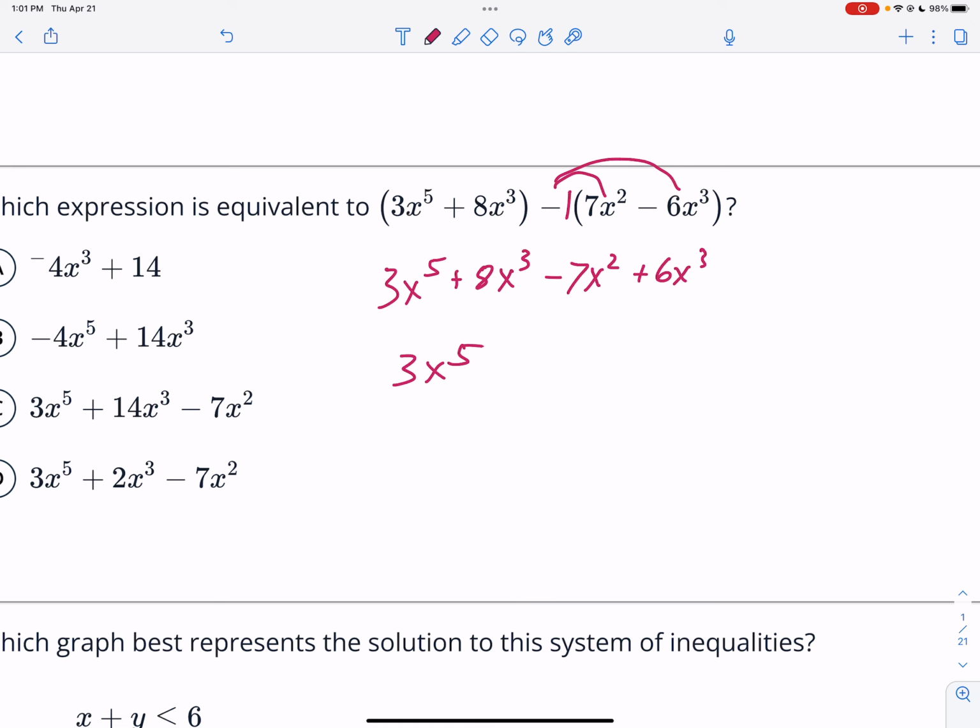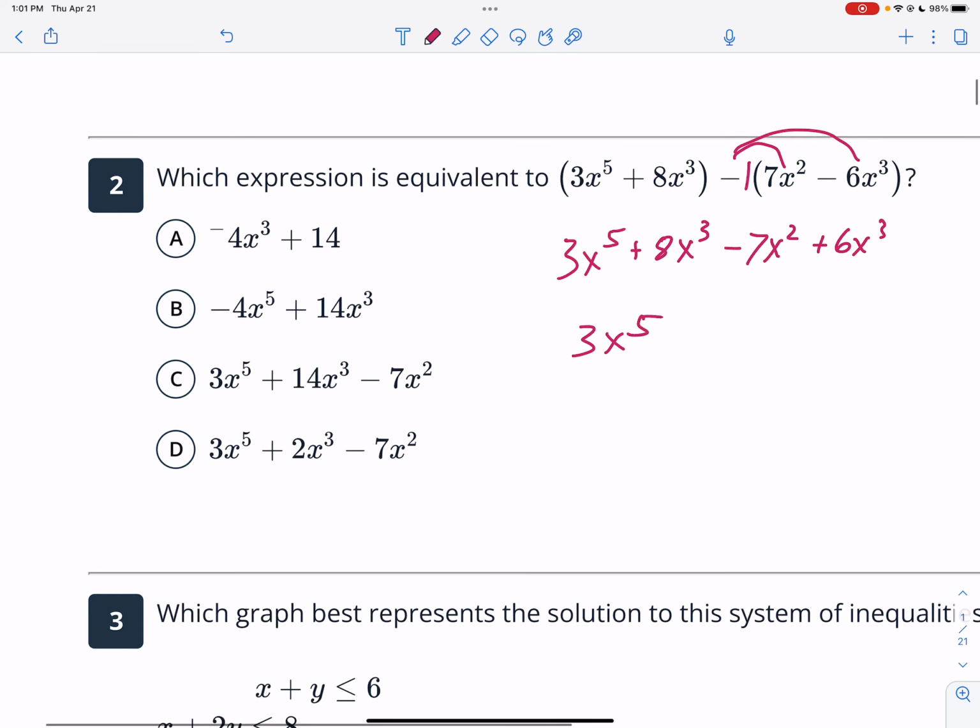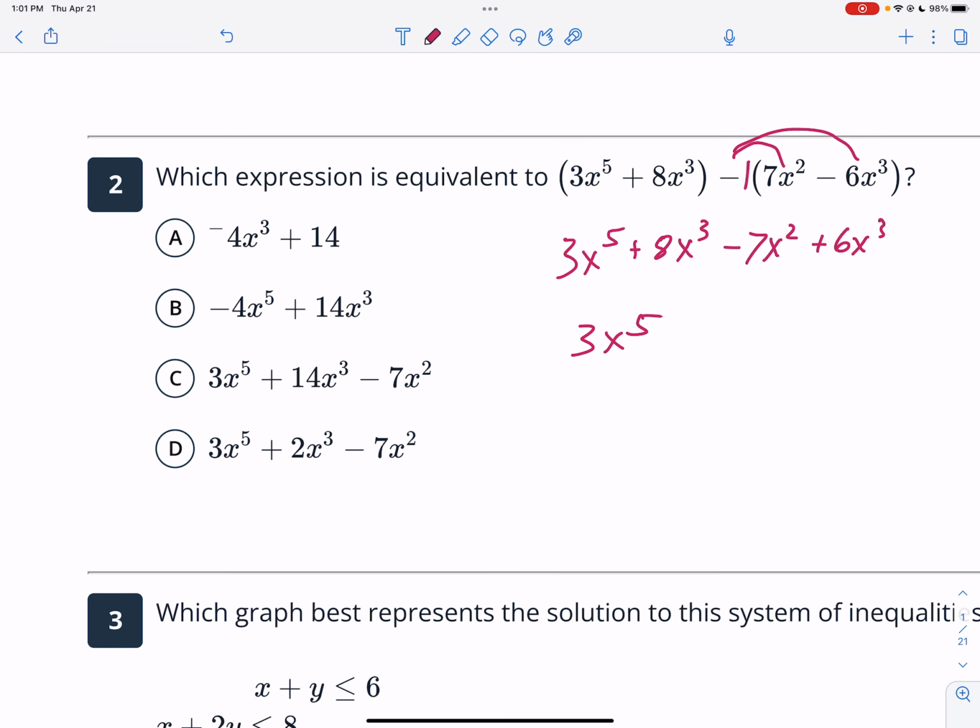And already, without doing anything else, that 3x to the 5th can't combine with anything, so it can't disappear. So we can already discount this answer and this answer. I've already gotten rid of half of the other things.